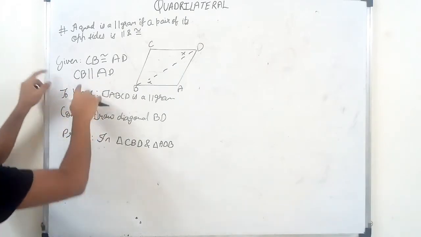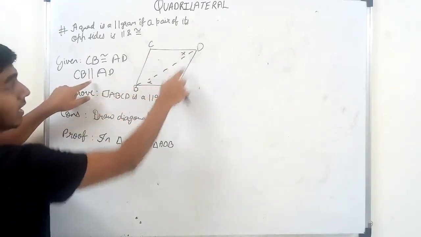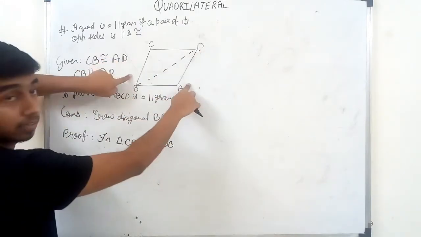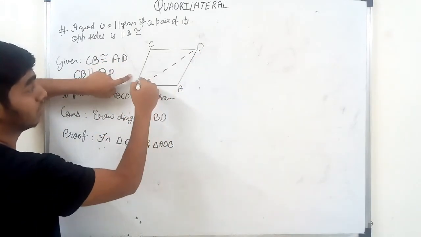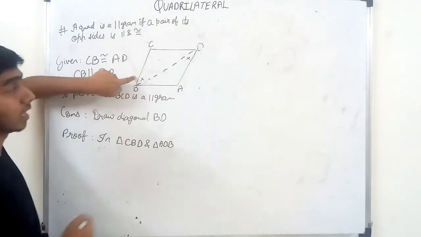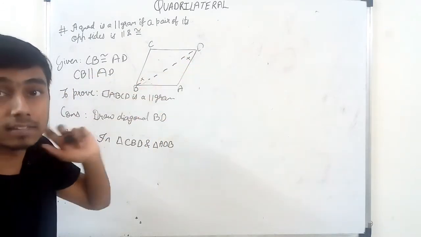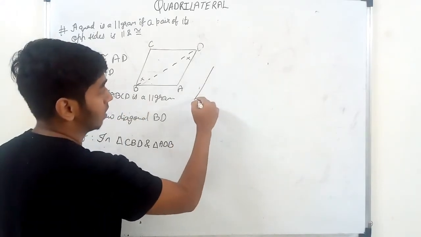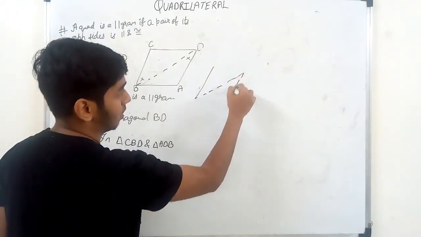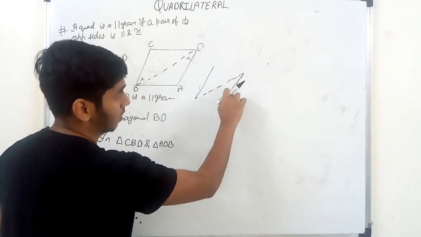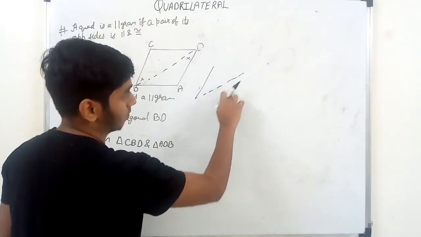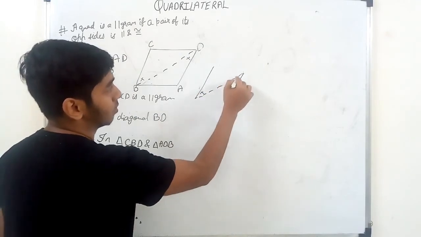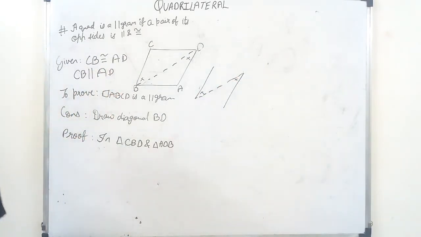Already we have CB and AD parallel. If these two are parallel and this is the transversal, can we say this angle and this angle are congruent? Why alternate angles? Because these two are parallel, already given to us. It's like this. So this and this are congruent.